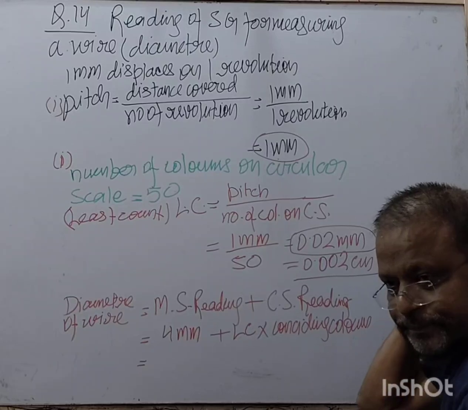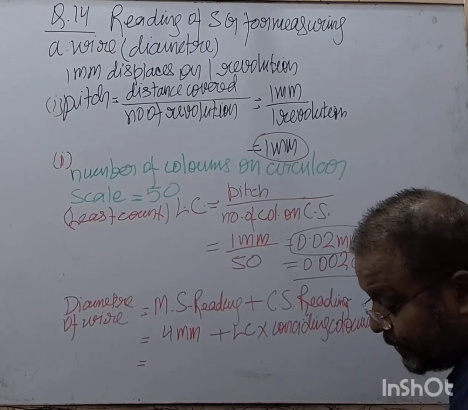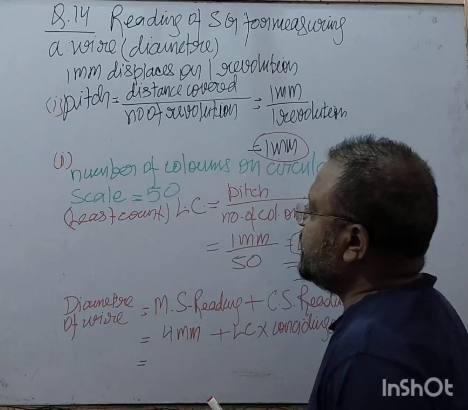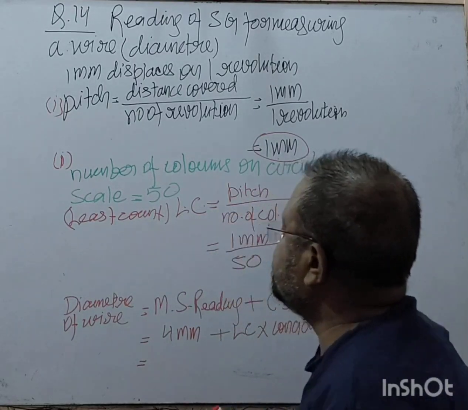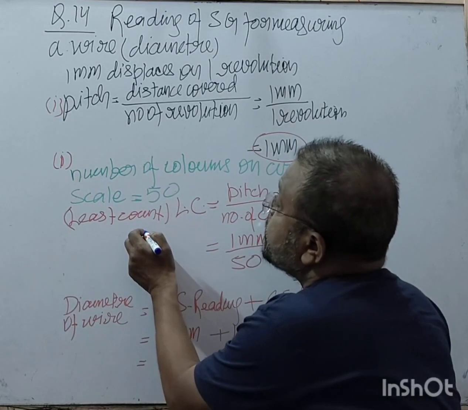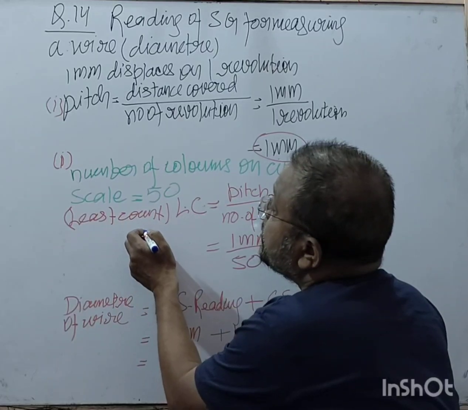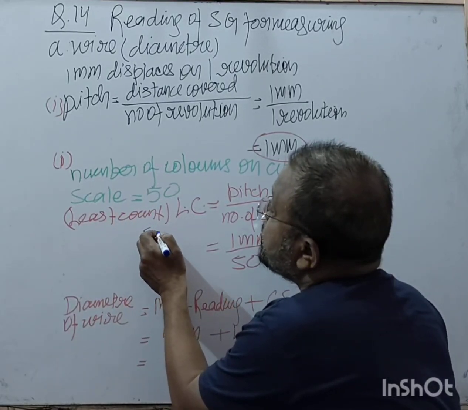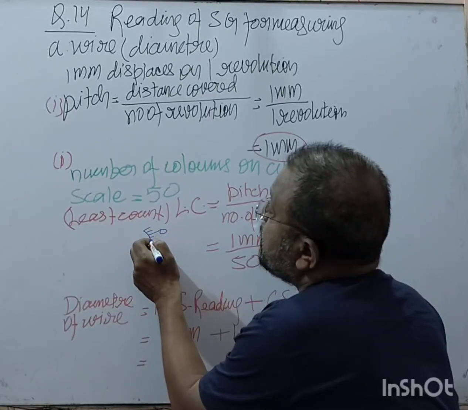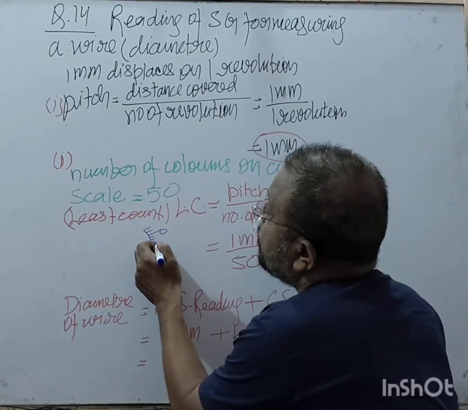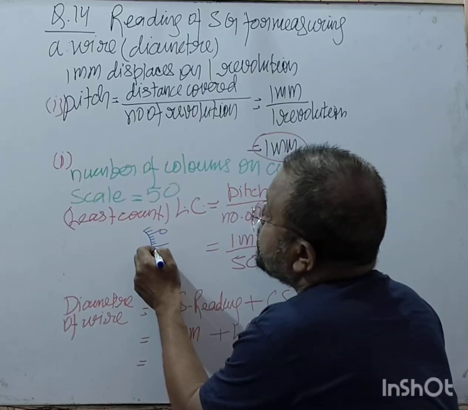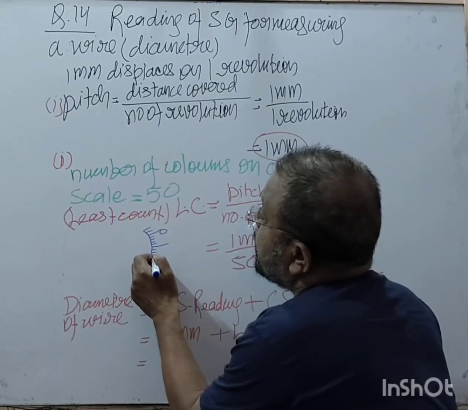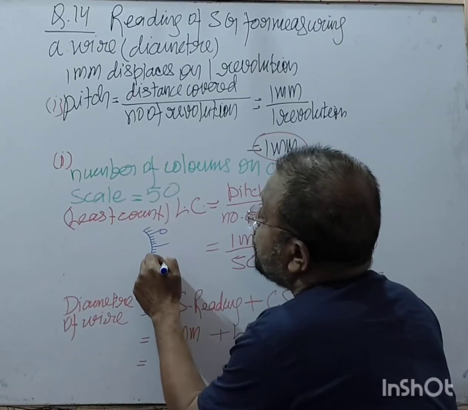You can read the question. From the diagram, man. There is a diagram like this. This is the circular scale. There is 0, then 1, 2, 3, 4, 5, 6, 7, 8, 9 and 10, and there is 40.